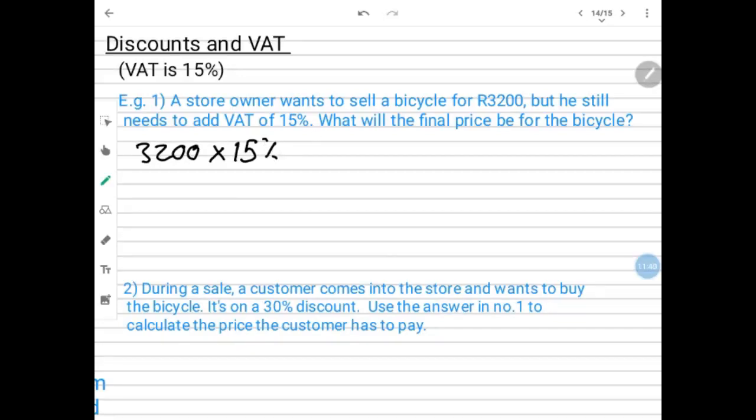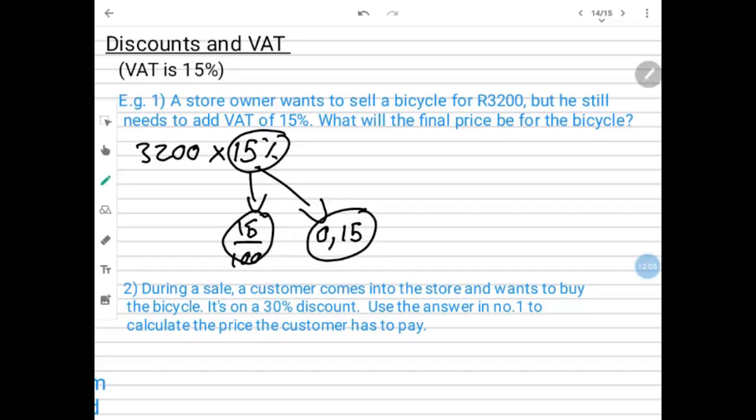You can type it like that in your calculator, or you can say 15 over 100, which is also 15%, or you can say 15% will also be 0.15. You can use any of these three methods when typing into your calculator. You'll get exactly the same answer.